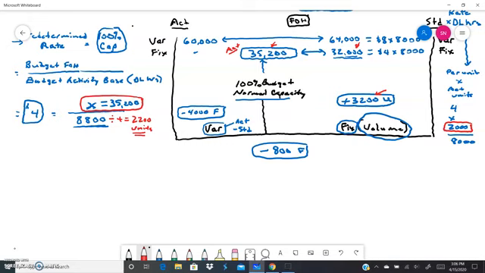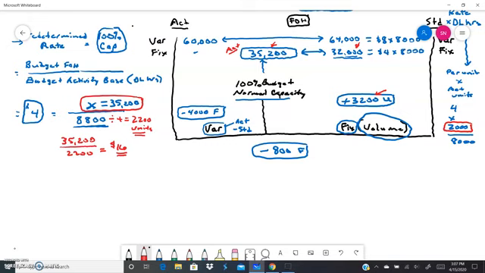So if things had gone according to budget and we produced exactly 2,200 units, then each unit would have cost us $16 of fixed factory overhead. That makes sense because each unit requires 4 direct labor hours, and each direct labor hour is a $4 standard cost, and therefore that's $16. So each unit, $16 cost.